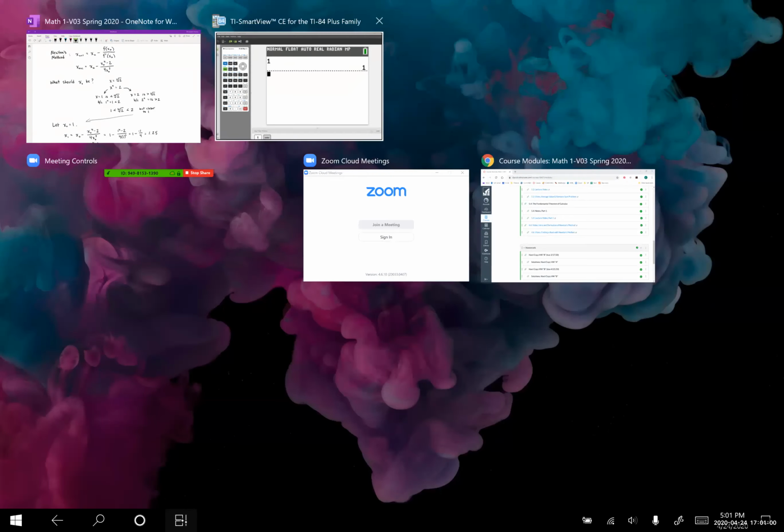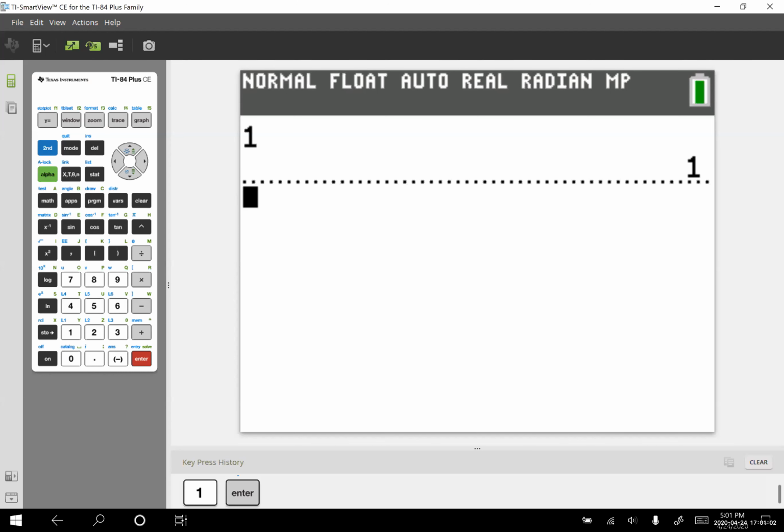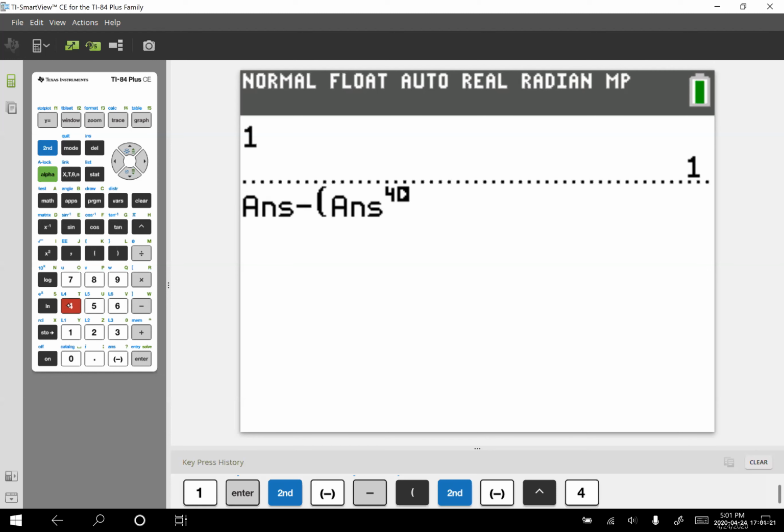All right, so that would be X sub n, which is our answer, minus f of x, so that's the numerator. Let me put some parentheses around that. Be careful with your parentheses. Okay, so that was xn to the 4th, and then minus 2.